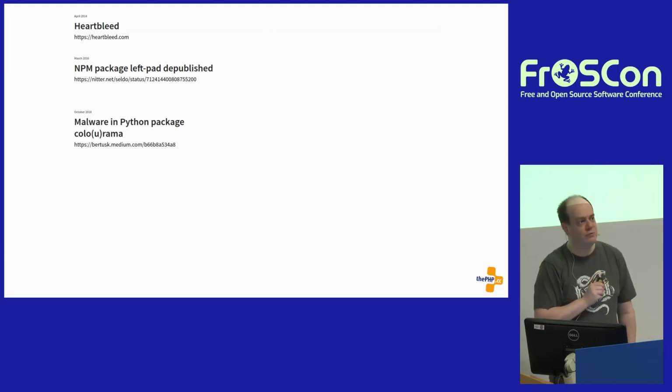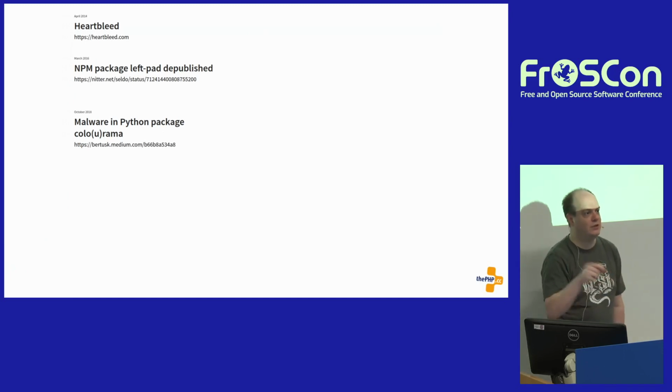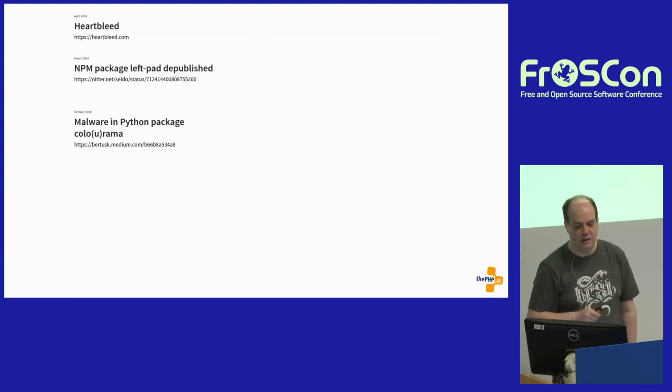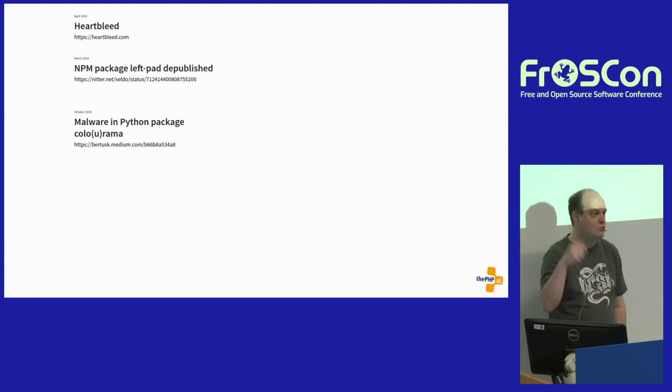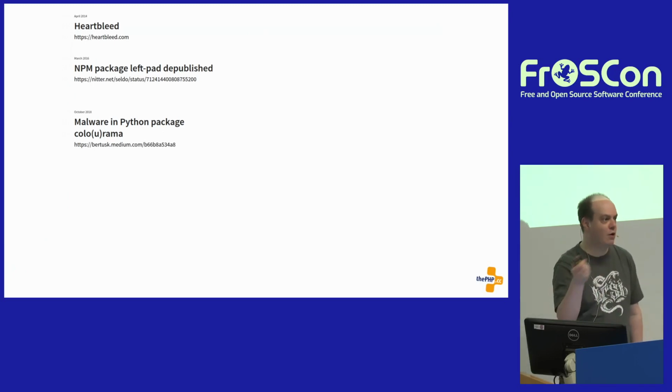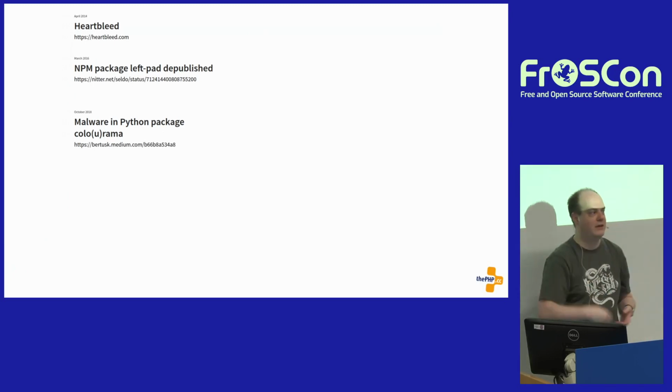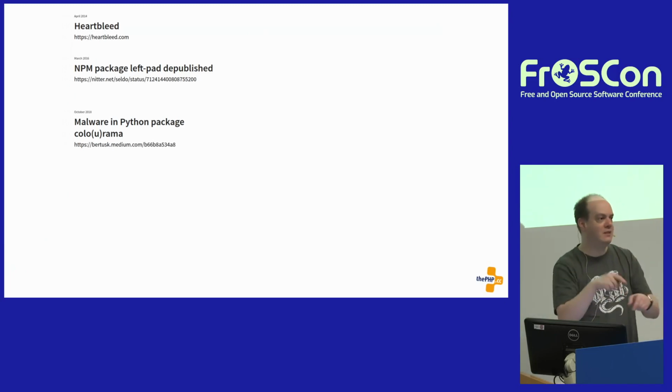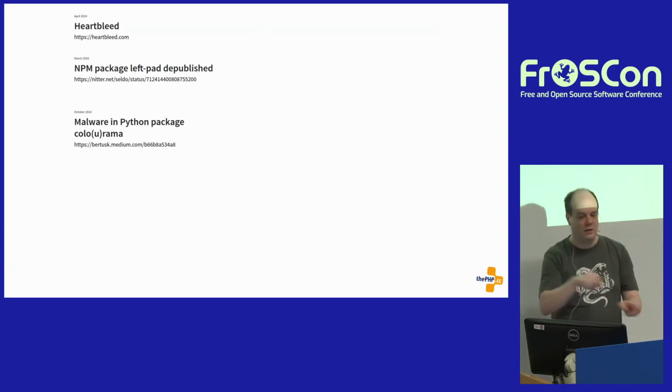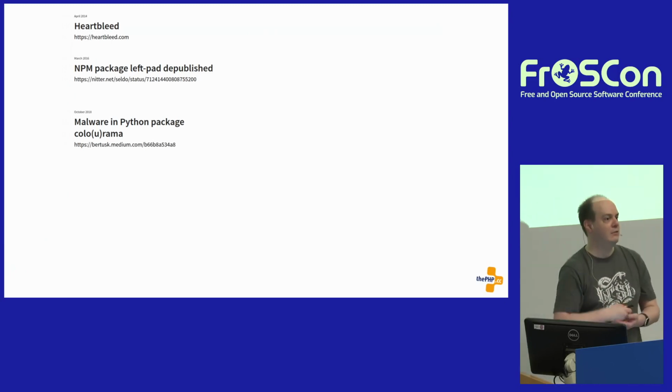This very frequently happens with British versus American English spelling, color with OU or just the O. Then you just register a package and hope that somebody mistypes npm install or in that case pip install whatever, and you get malware, right?